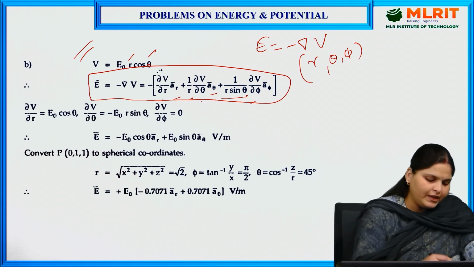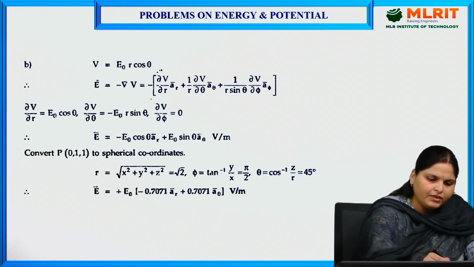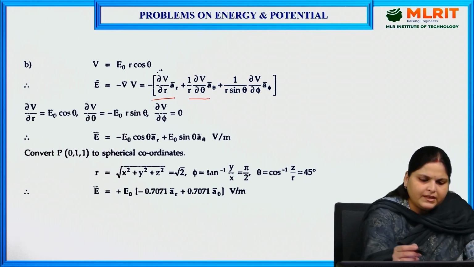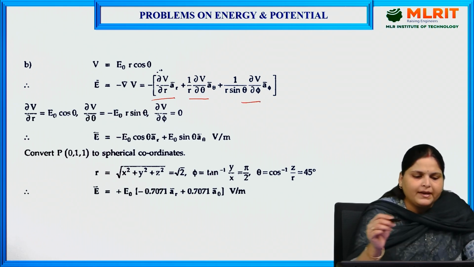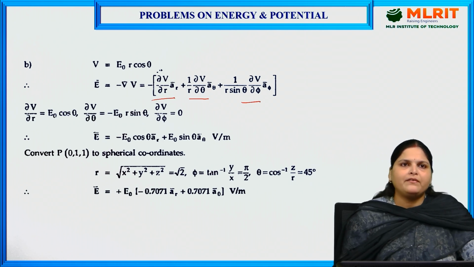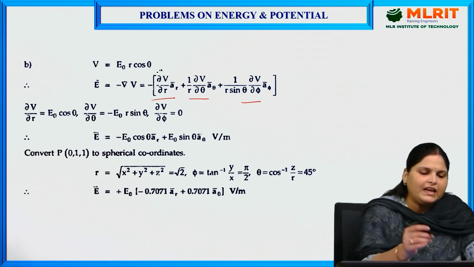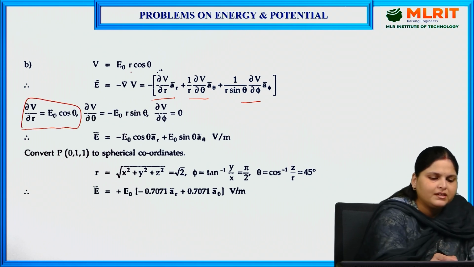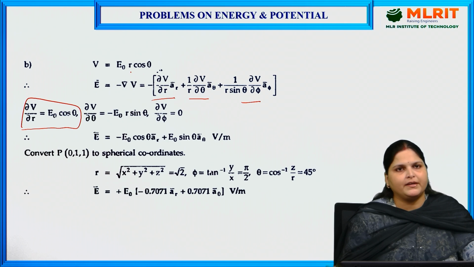Now we have to find dou V by dou R, then dou V by dou theta, and then dou V by dou phi. One by one we will calculate. When we calculate dou V by dou R, we get E naught cos theta, because the differentiation of R becomes 1.